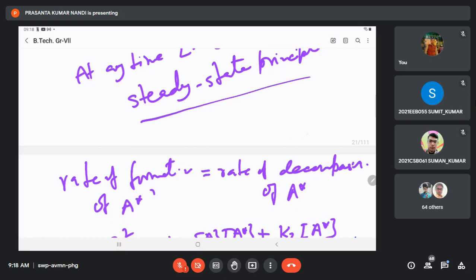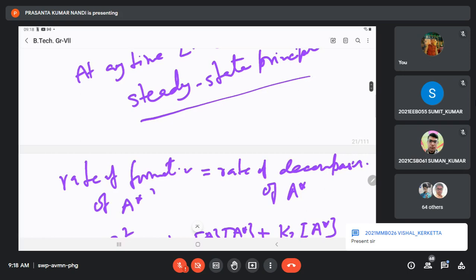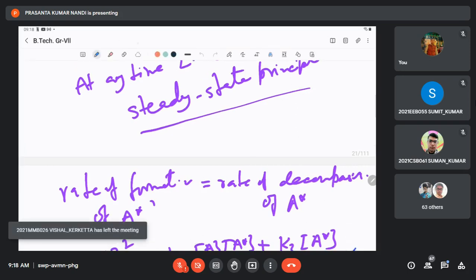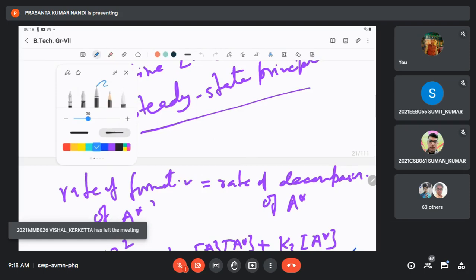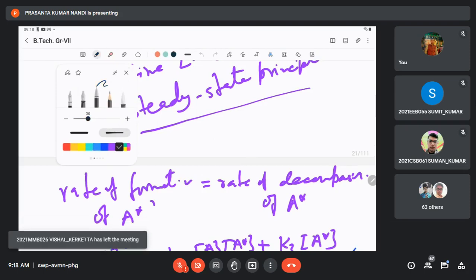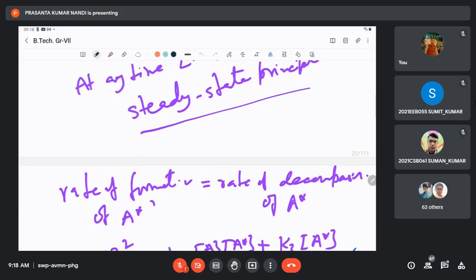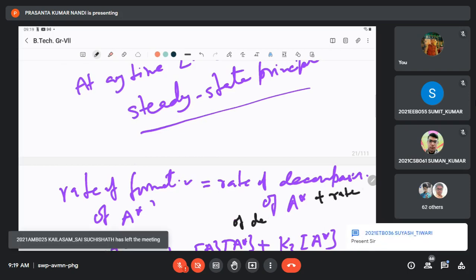Not only that, the rate of formation is equal to the rate of decomposition of A star and another term that we should write, that is the rate of deactivation.